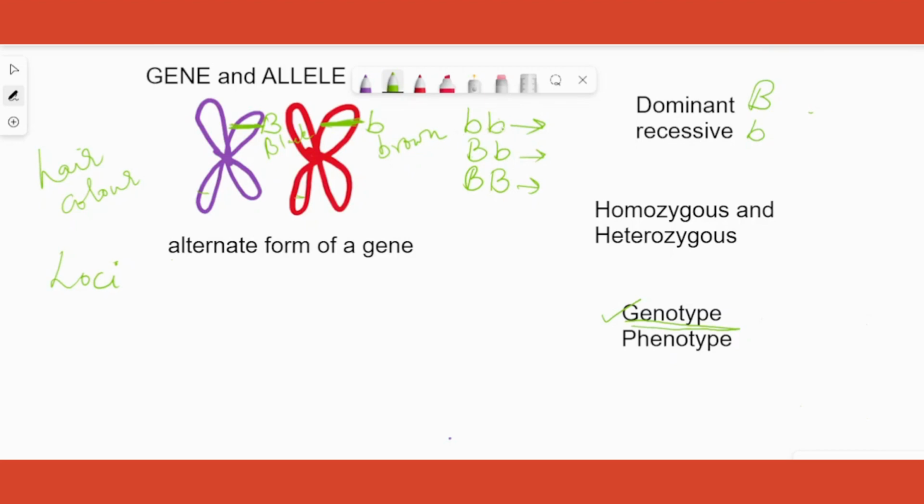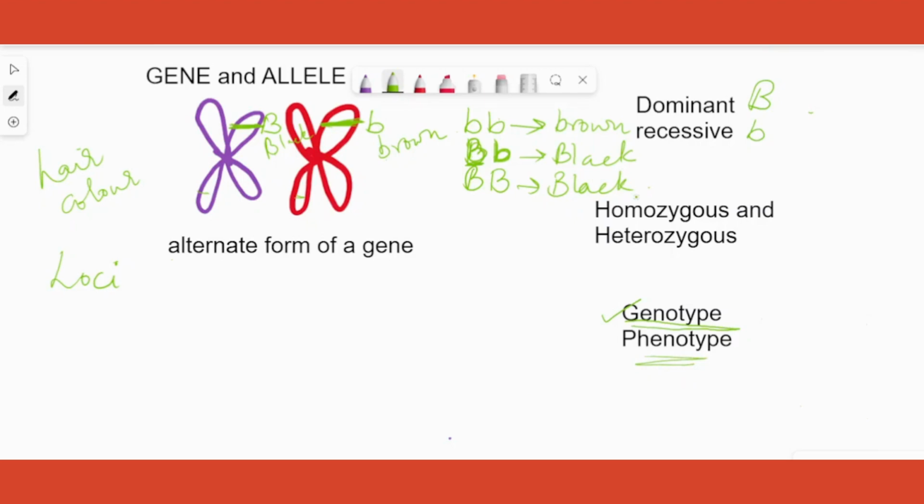In case of small b and small b, it being the recessive one, it will be brown. Here, since a dominant gene is present, even though there is a brown allele, it will not express; the dominant one, which is black, will express, correct? And here, both are capital, or in other words, dominant genes. So we will get black. All these are the phenotypes. Phenotypes are how it is expressed in an organism.